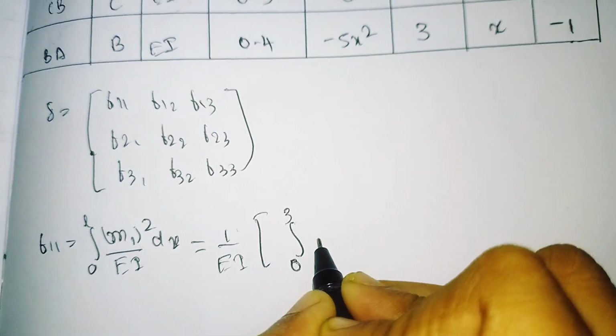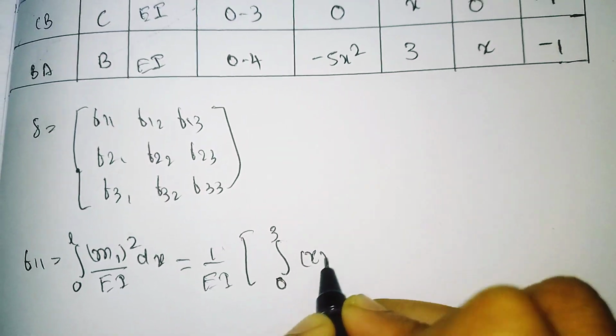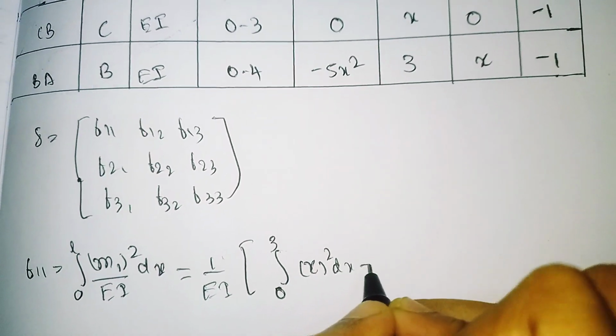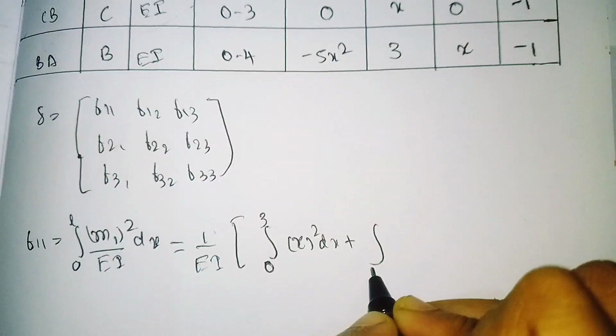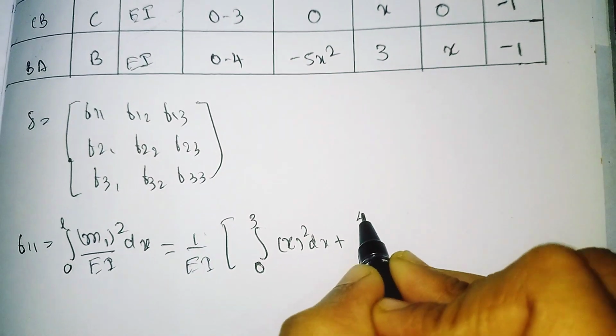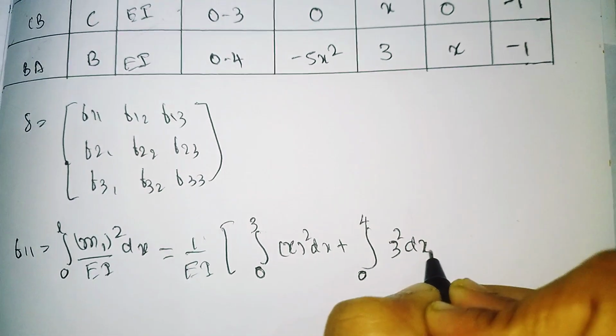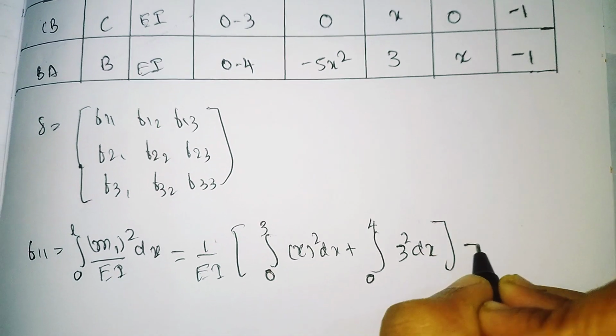So integration of 0 to 3 of x square dx plus, for BA, we have the limit 0 to 4, integration of 0 to 4 of 3 square dx. So now solve it.